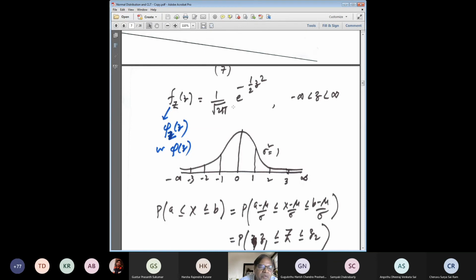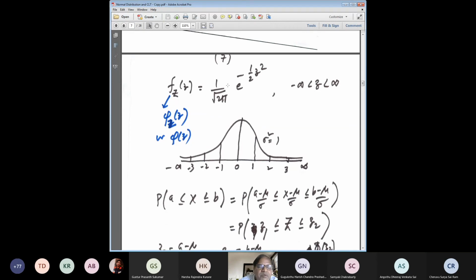It is still a form of the normal distribution, but the mean is 0 and the variance is 1.